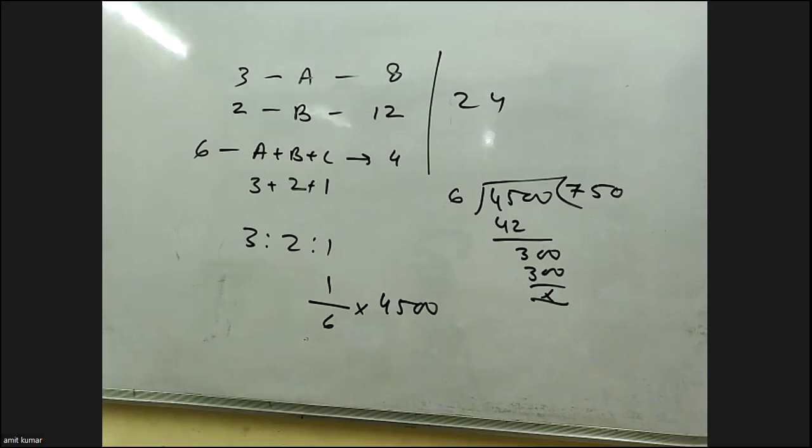We have to find the unit work of C. So we have added. You have one equation: A plus B plus C equals 6. A is 3, B is 2. So how much will C be, beta? 6 minus 2 minus 3 is equal to 1. See what we have to do, unit work will be the same. In one day, a person will do only as much work as the unit work. Means the value written on the left hand side, A will make only 3 units, B only 2. So how many will C be making, since all three together make 6 units? It is 1 unit. Yes sir, got it. 3:2:1. Money will be divided in this ratio, 1/6 into whatever money is mentioned. Is it clear?